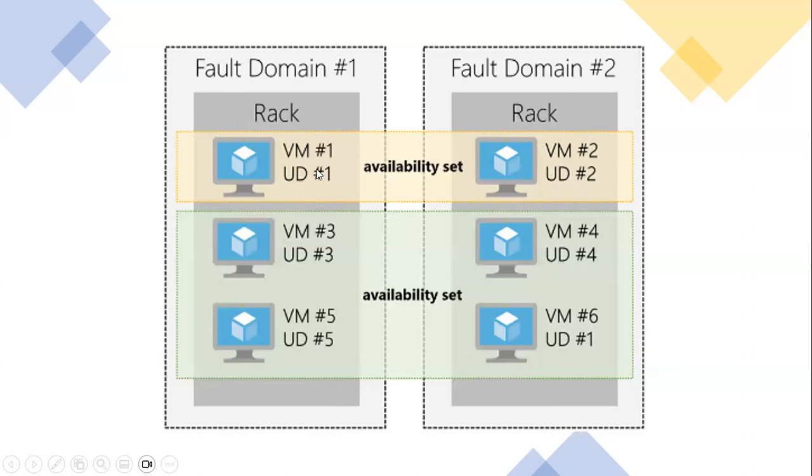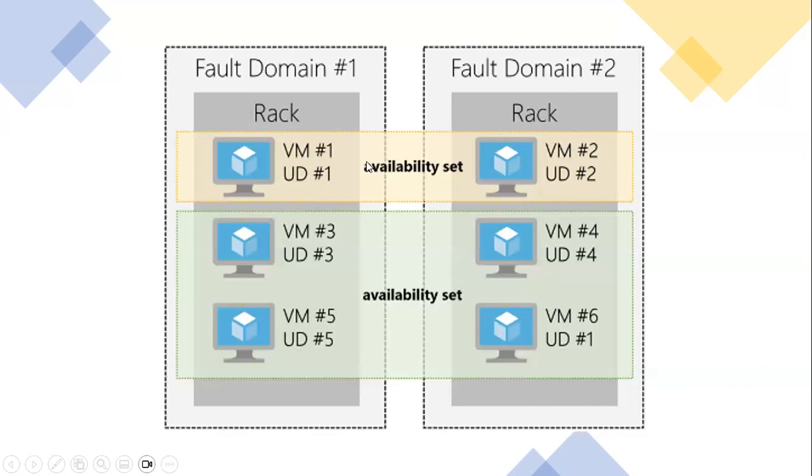Similarly, there is an update domain, and there is also a fault domain. Now what is this fault domain? Fault domain 1 is connected by one network, and fault domain 2 is connected by another network. My application is running on VM1 as well as VM2.